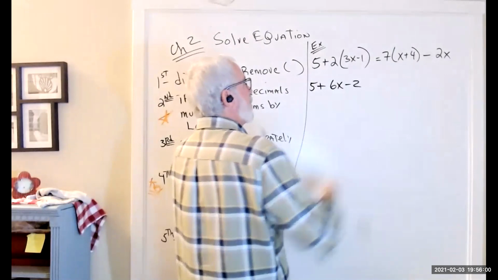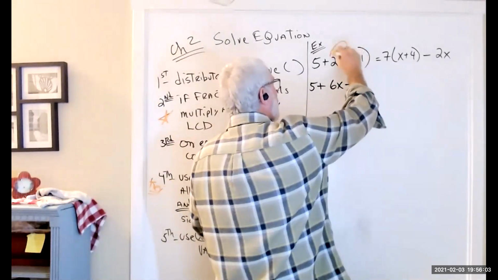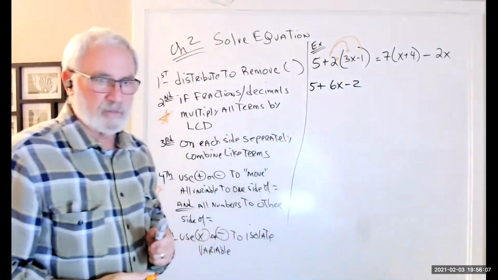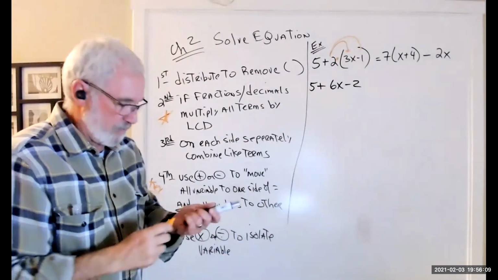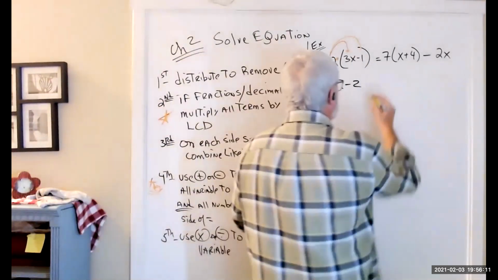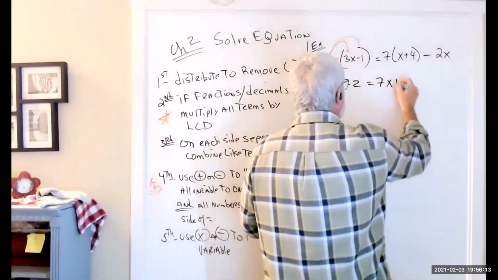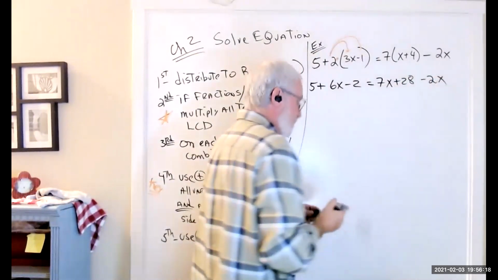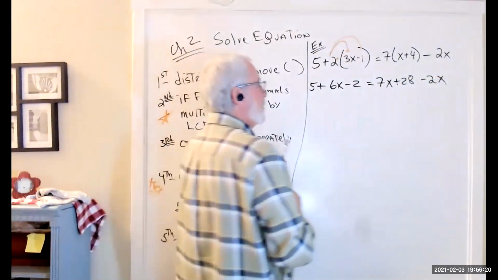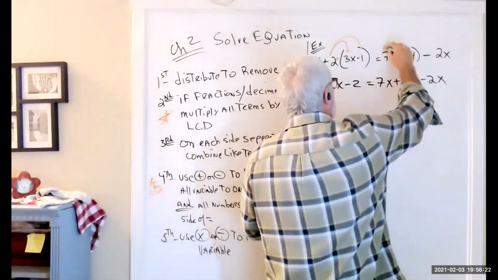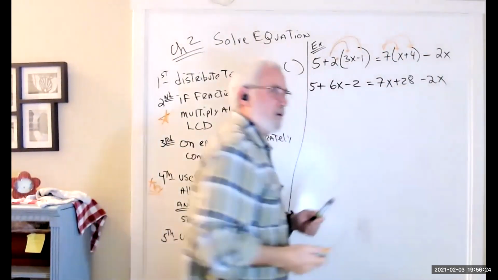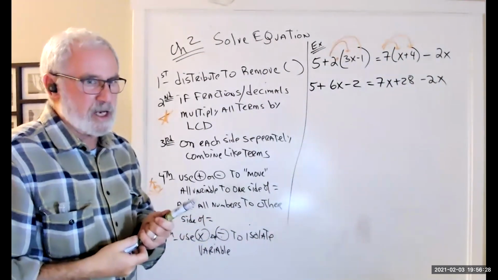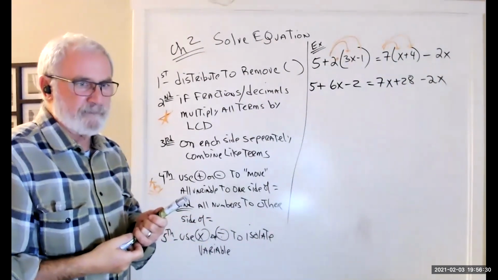Because I distributed, I did 2 times that and 2 times that, because that was an implied multiplication. Okay, equals 7x plus 28 minus 2x. Again, I distributed. Is that okay with everybody? Yes. Any questions or hesitation on anything there?